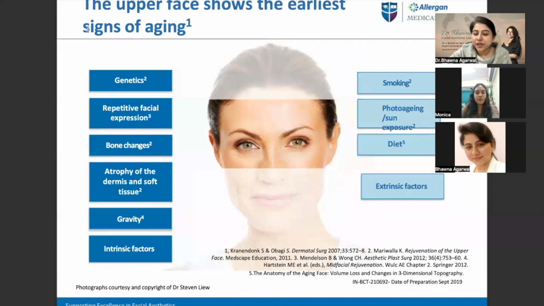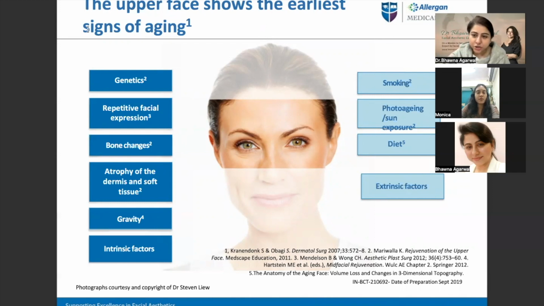Now, these signs of aging are basically a combination of intrinsic aging and extrinsic aging. So it is because of genetics also. Second is because of repetitive facial actions, because we are losing elasticity. Now, when we are young, when we make an expression, our skin recoils back to normal because of good elasticity.